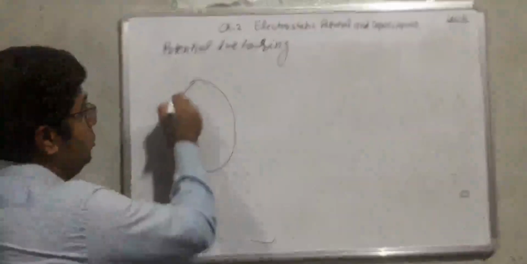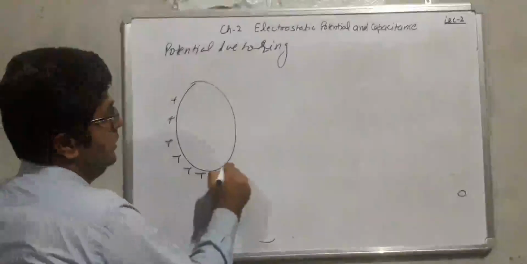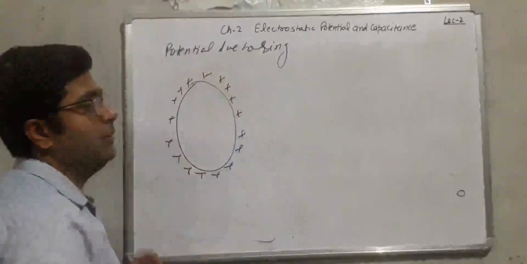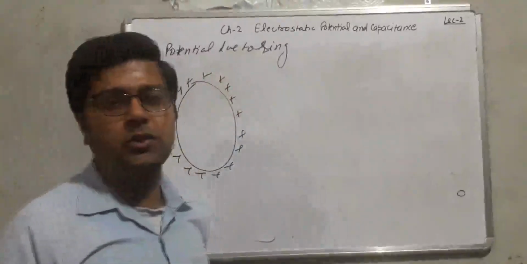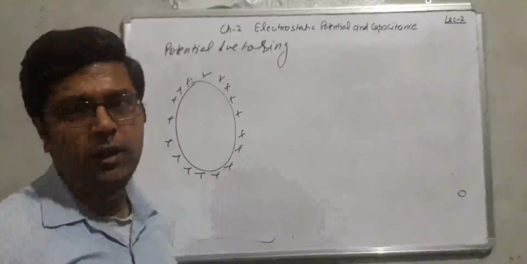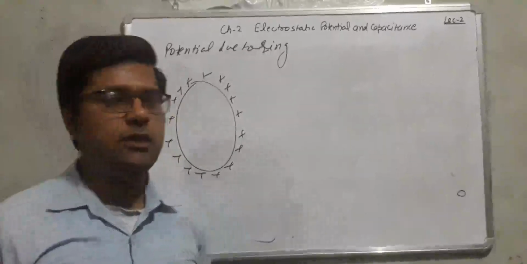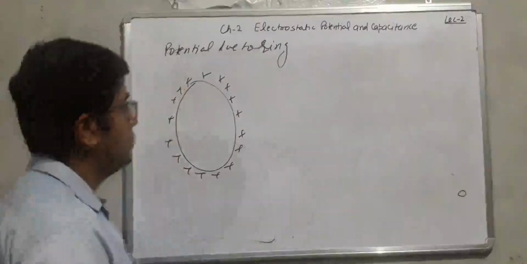Suppose this is the ring we have, with a uniform distribution of charge. Don't get confused, beta, every time I take positive just for simplicity, because it's easy to calculate with positive. But I think now it's clear to you, if here we have negative charge, then the potential becomes negative.